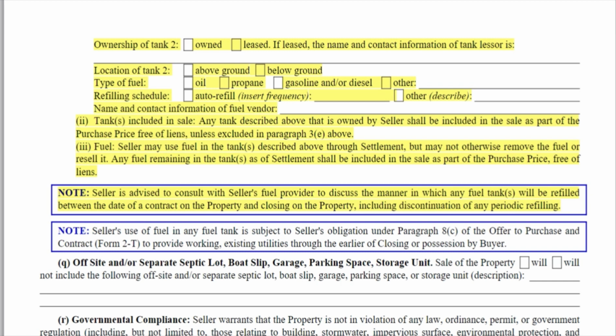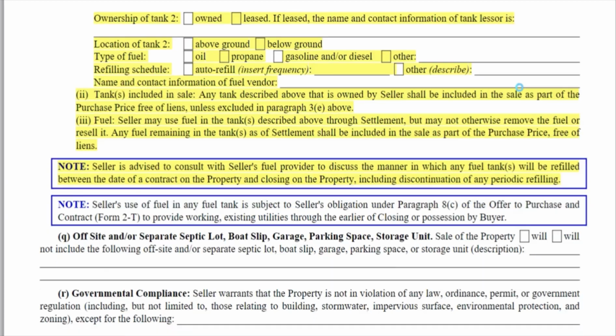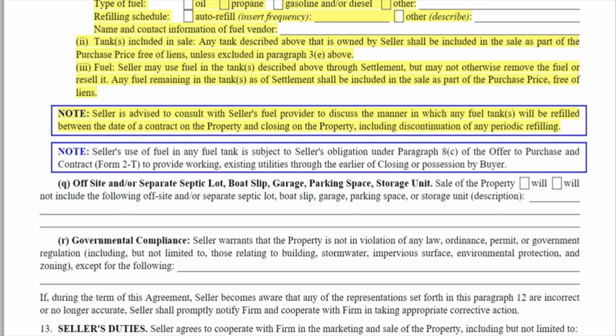And then also let them know that you will be selling this property and that they can discontinue any service, like if you're on a monthly service or every other month or maybe once a year, twice a year, whatever system you're on, you can let them know that they can discontinue that at the date of closing.